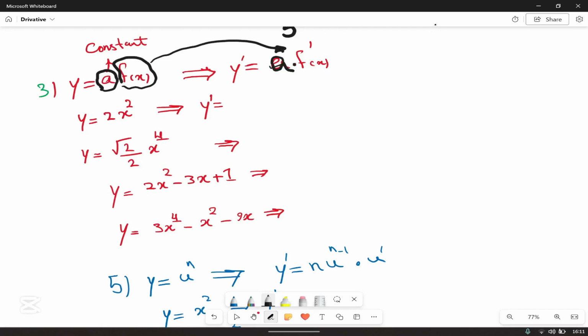It's so simple. For example, here y equals 2x power 2. At first you set aside the 2 from your formula, it is x power 2, and the derivative of x power 2 is 2x, and after that you multiply your answer by the coefficient and the total answer is 4x.